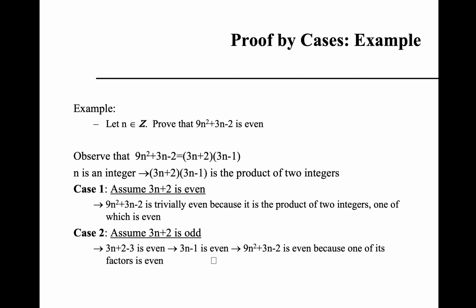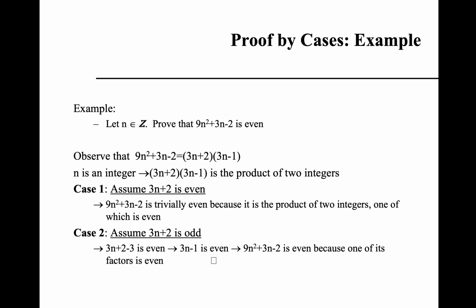Another example: let's say n is in Z. In that case, we need to prove that 9n square plus 3n minus 2 is even. Now, 9n square plus 3n minus 2 can be broken down into (3n plus 2) multiplied by (3n minus 1).